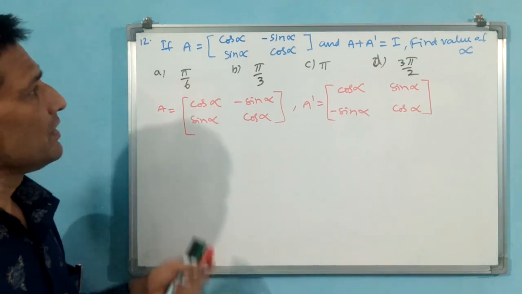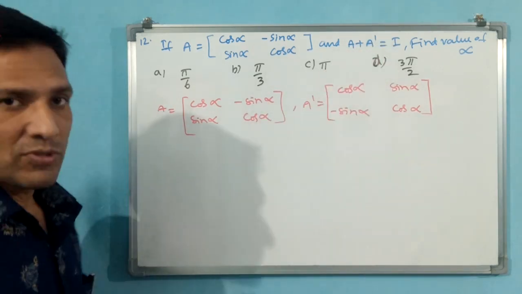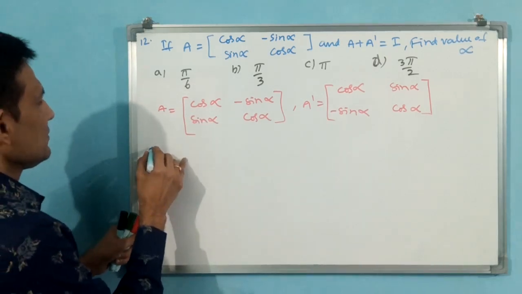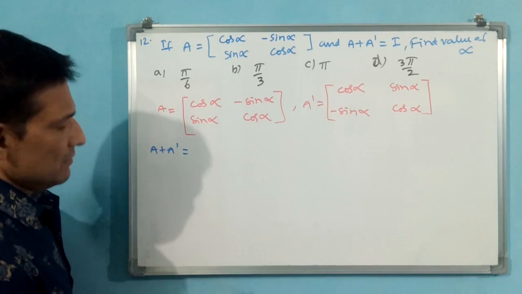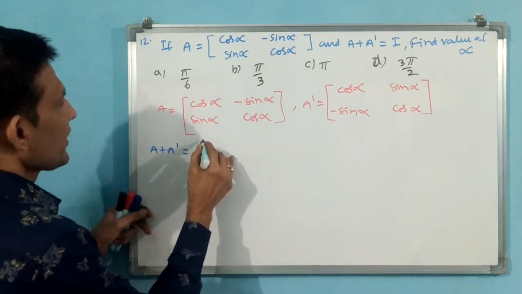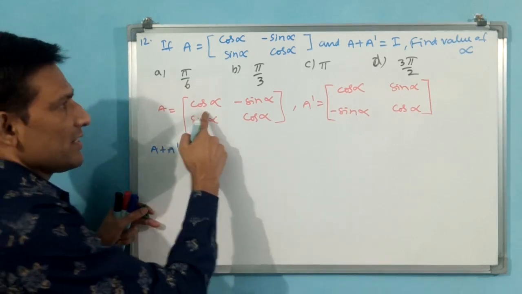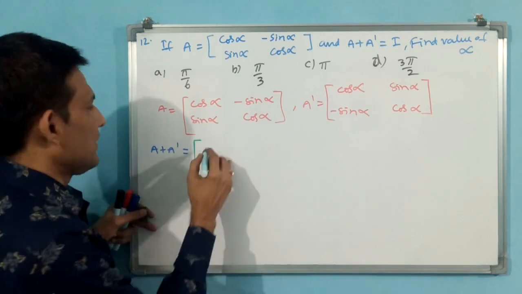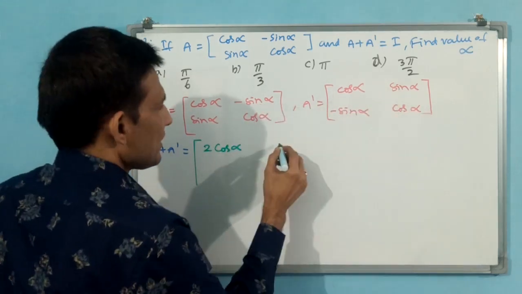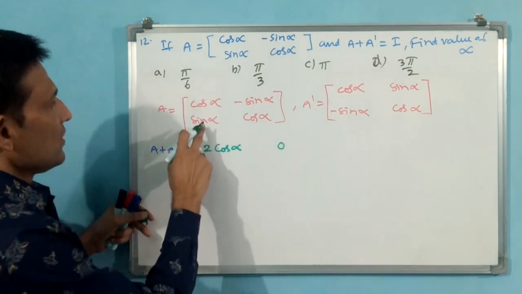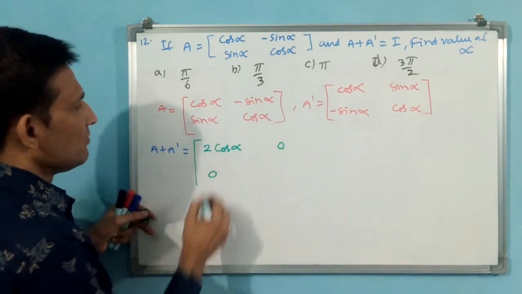Now you see what you have to do. A plus A transpose you have to do. A plus A transpose is equal to, directly I am writing cos alpha plus cos alpha, 2 cos alpha. Minus sin alpha plus sin alpha, 0. Sin alpha minus sin alpha, 0.